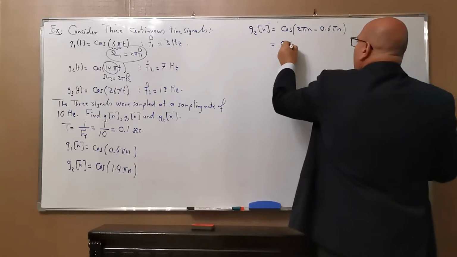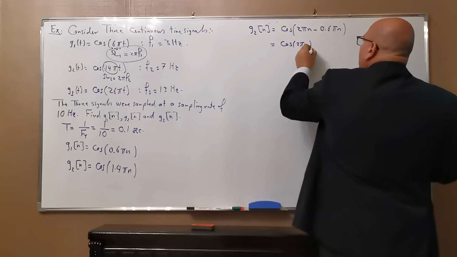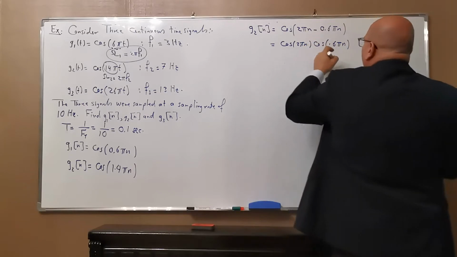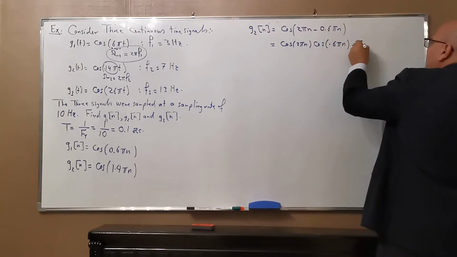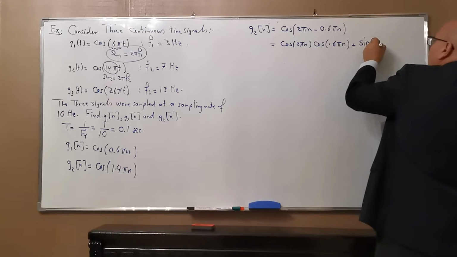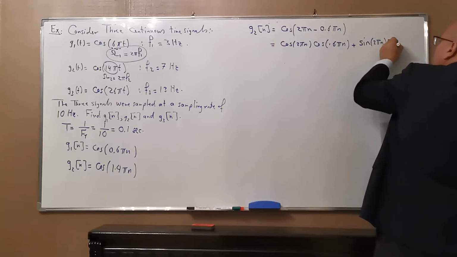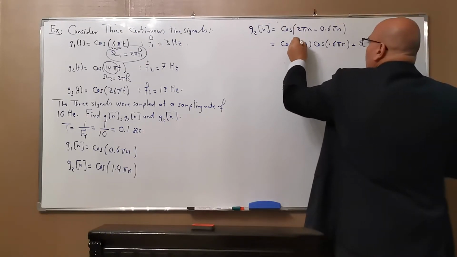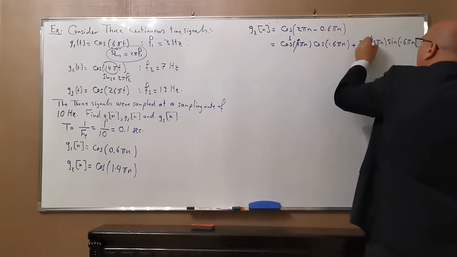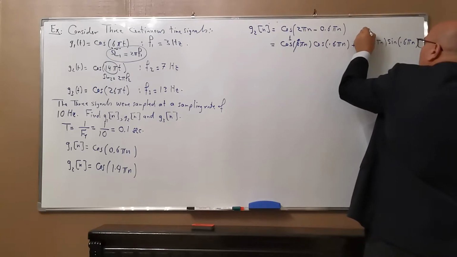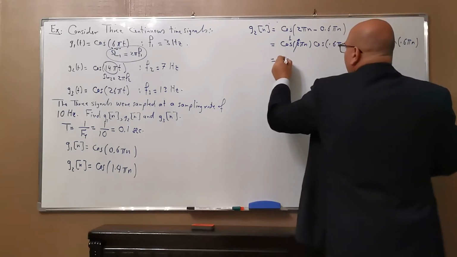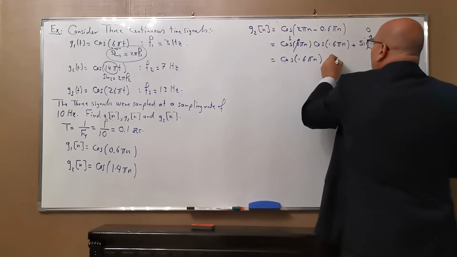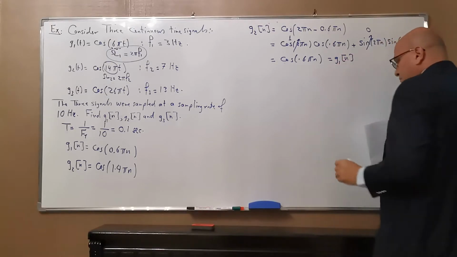So this is cosine 2 pi n cosine 0.6 pi n. You have a minus sign, so you have a plus here: plus sine 2 pi n sine 0.6 pi n. Now, cosine 2 pi n is equal to 1, sine 2 pi n is equal to 0. So the answer here is cosine 0.6 pi n, which is equal to g1 of n.